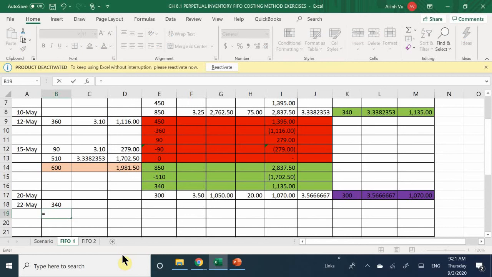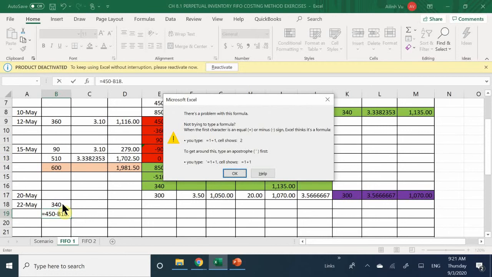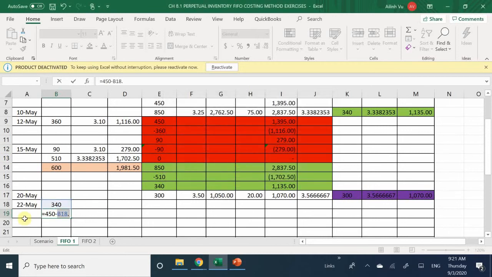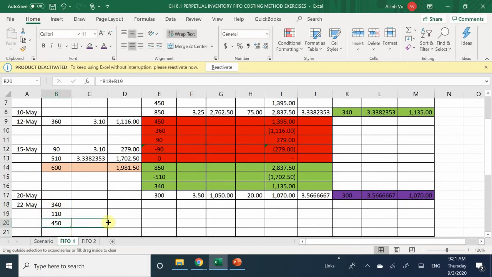I need to get to 450. So I get 110. Yes, good. And then I'm going to also ensure that this is correct, 450. Okay.